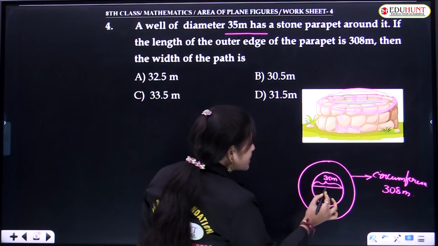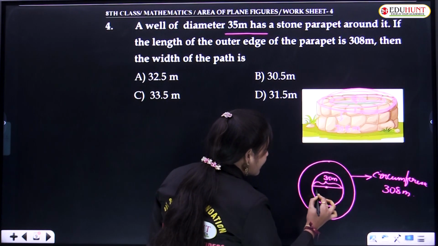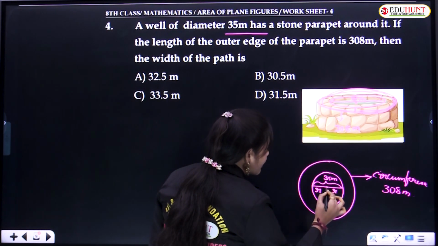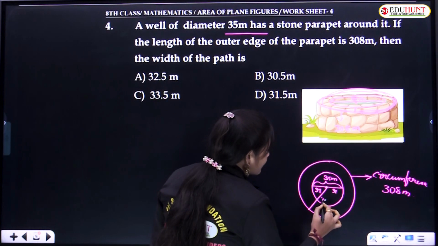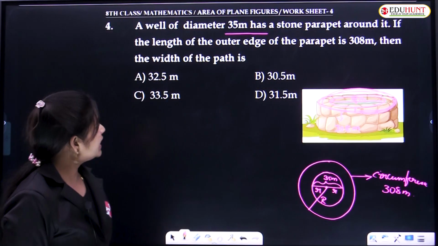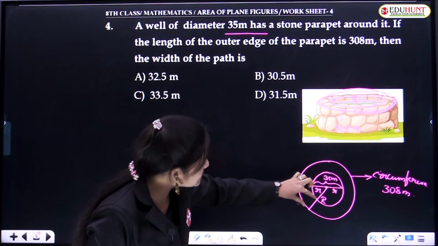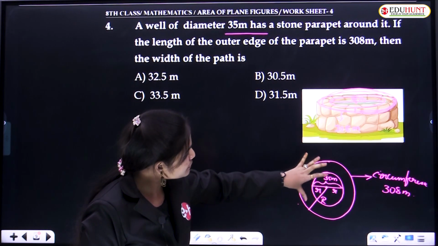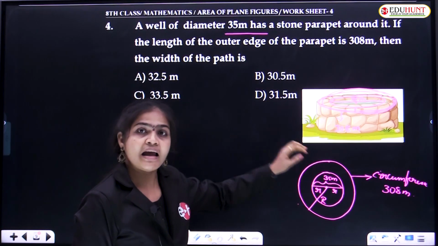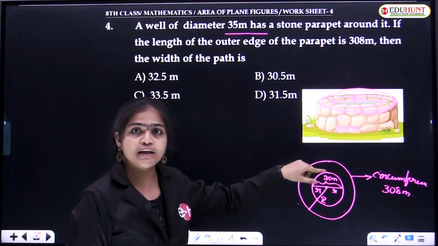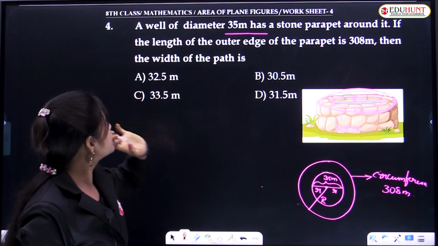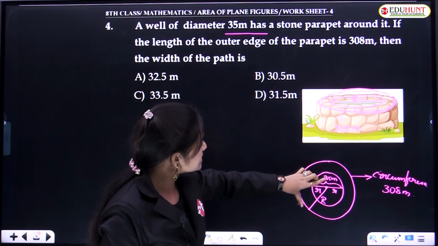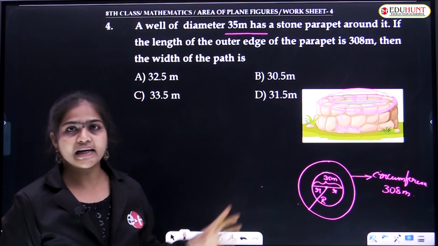Next, here first we need to find this small r, and this is the capital R. Now what we need to find out? The width of this ring, right? The width of this path. To find this, first we need to find capital R and small r also. Then we need to find the difference. How to find the difference: capital R minus small r, then you will get the answer.